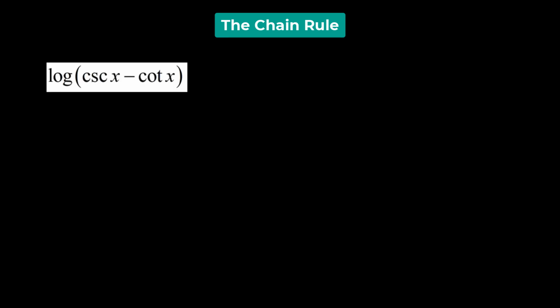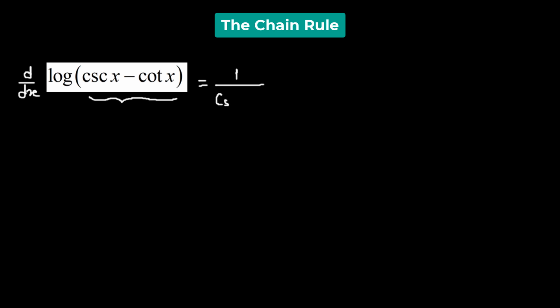So here we have the function log of cosec x minus cot x. So let's try to find the derivative of this given function with respect to x by using the chain rule. So here we're going to imagine that cosec x minus cot of x were equal to x, then the derivative of log of x will be simply 1 over x.